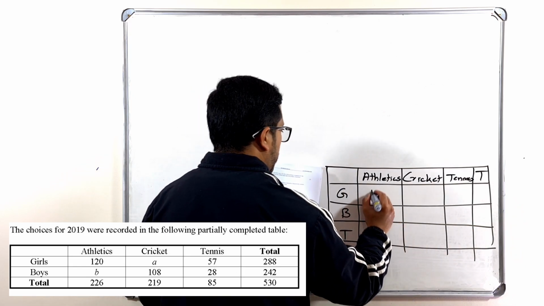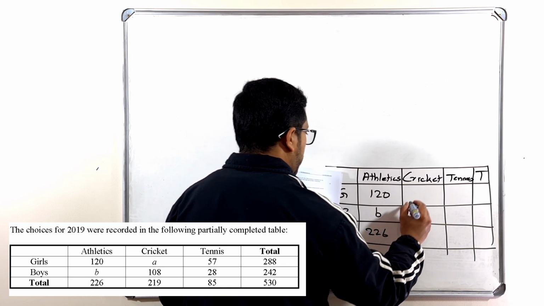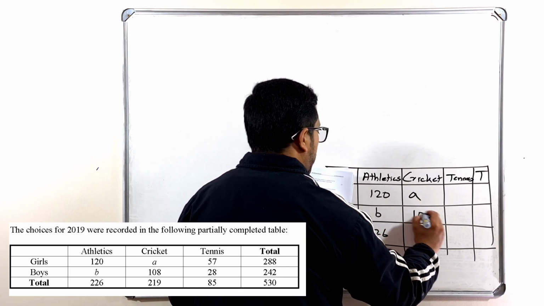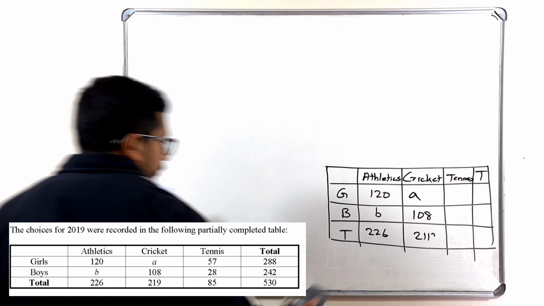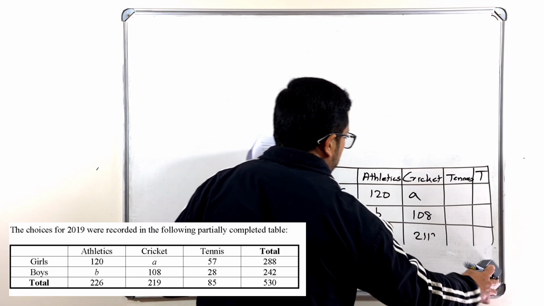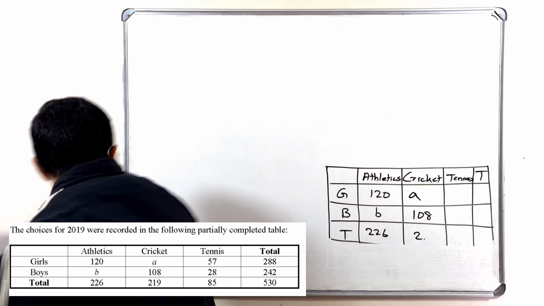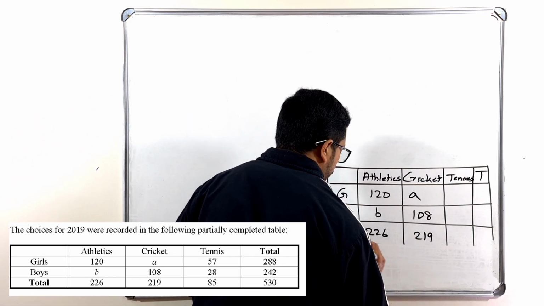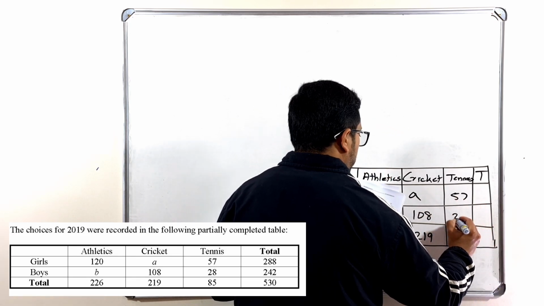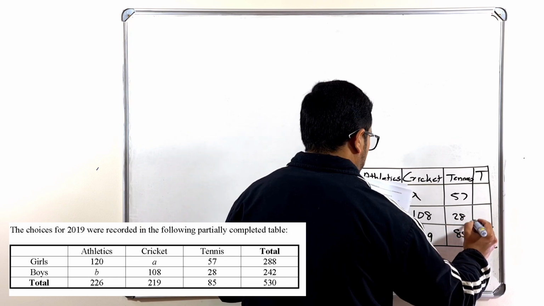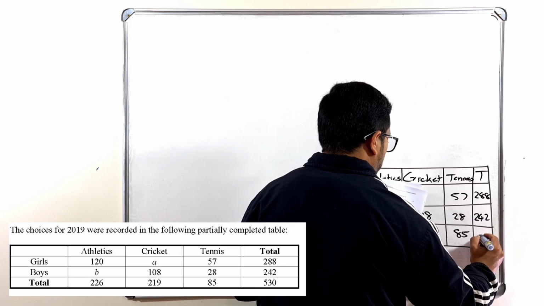This is 120, B, 226, A, 108, 219, then 57, 28, 85, 288, 242, 530.